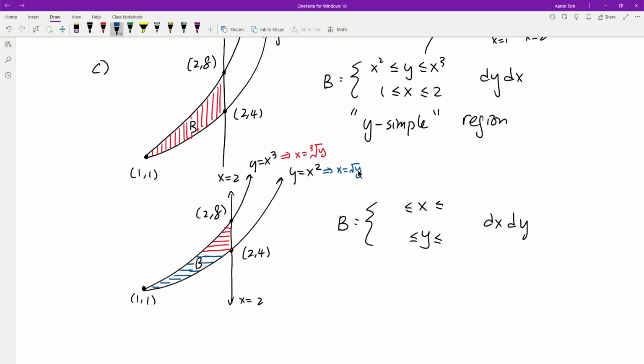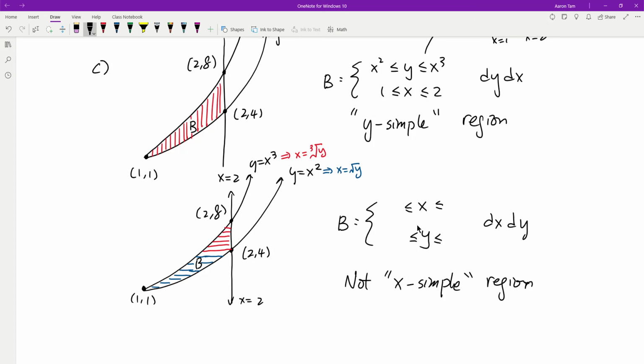And so what that means is that in this case, this graph is not x simple. Because if I want to do dx first, I actually have to split my region into 2 in order to properly describe this entire region correctly.